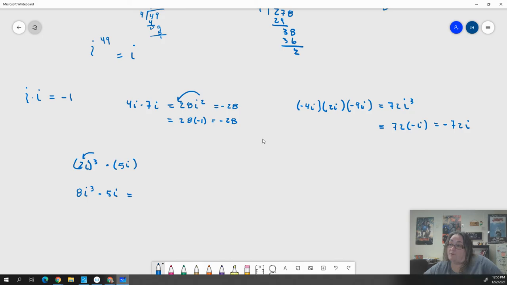And then when I multiply them together, I can go 8 times 5 is 40. And then that's i to the fourth, which we know is just 1. So that is going to equal 40, because we know that 40 times i to the fourth is like saying 40 times 1, which is just 40.